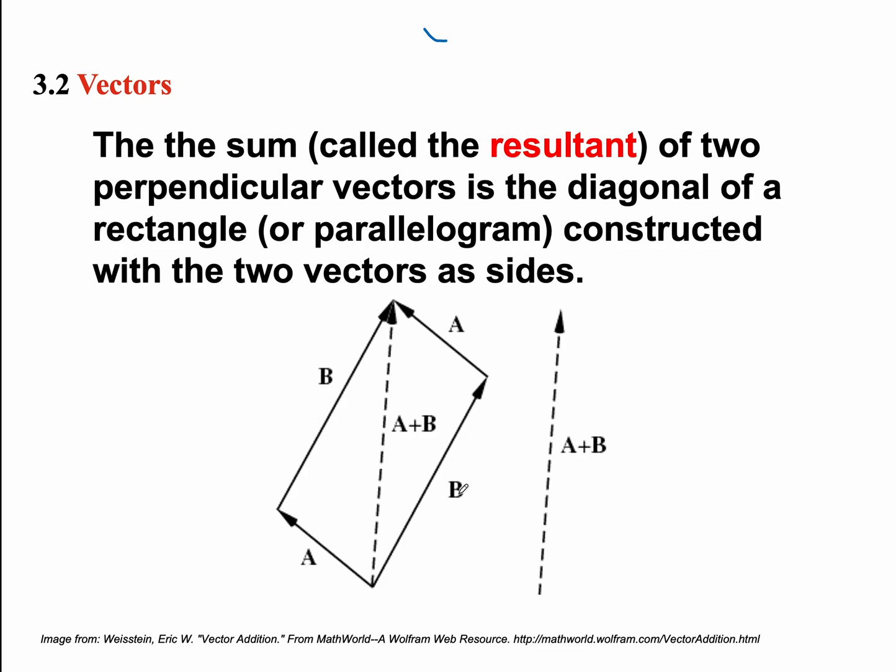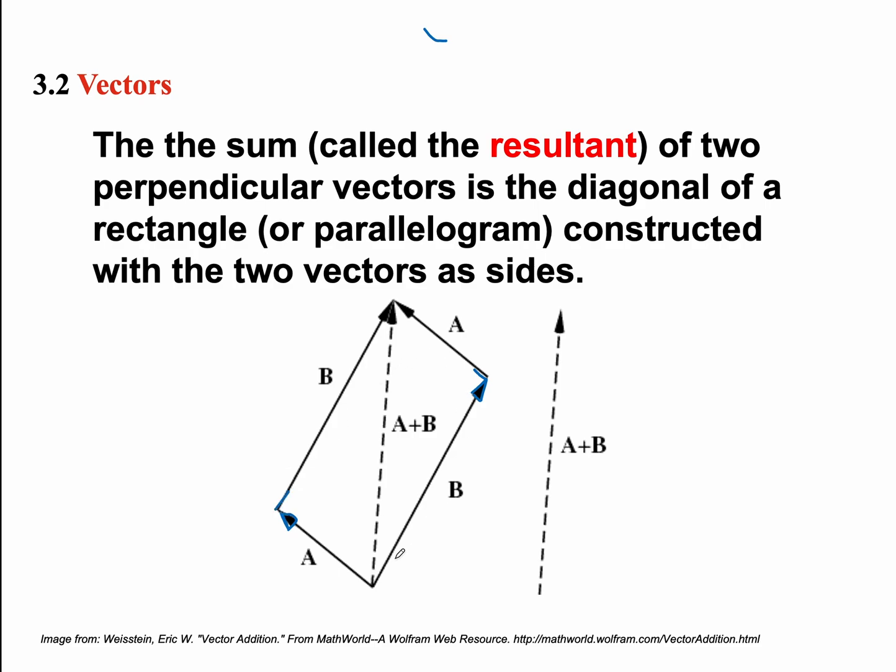But here's the rule. When you add vectors, the head of one vector must meet the tail of the other vector. And you can't change either the magnitude or direction of either vector. So you can draw A here first, and then put the tail of B at the end of it.